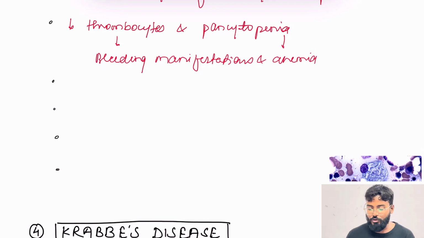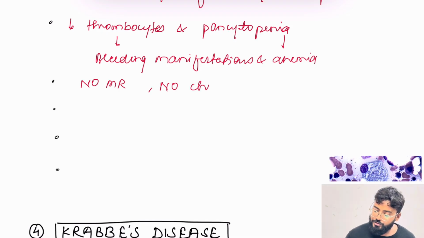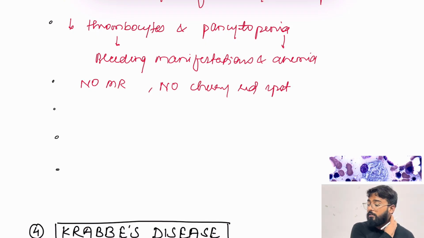Next, we are not going to see mental retardation, and we are not going to see cherry red spots. Both of these we are not going to see in case of Gaucher's disease. Instead, you are going to see hepatosplenomegaly.